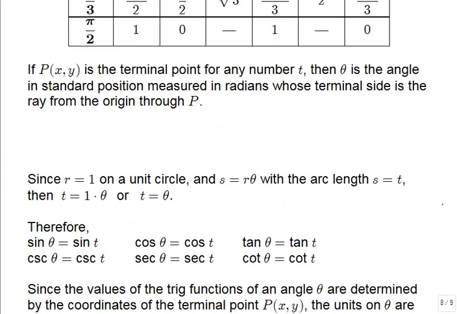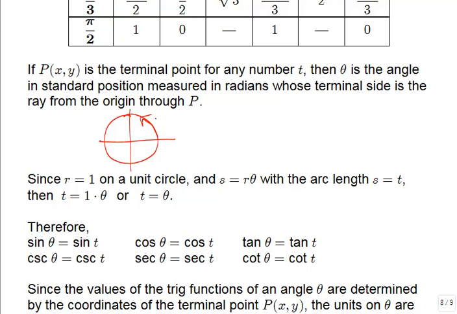Now, if this terminal point P, which is your x comma y, is the terminal point for any number t, then theta is the angle in standard position measured in radians whose terminal side is the ray from the origin through P. So let me draw a picture of what I'm talking about here. Here's our unit circle.